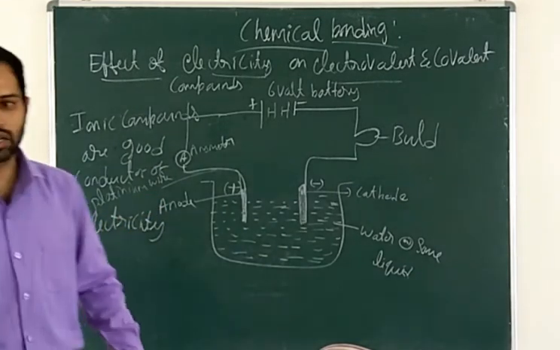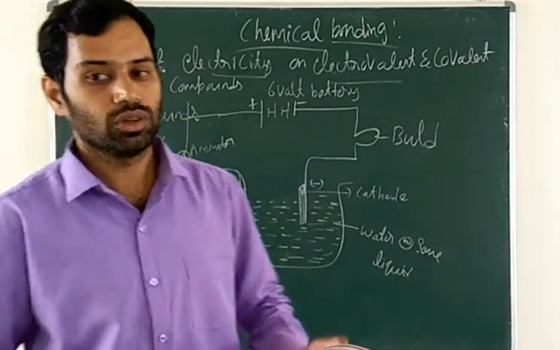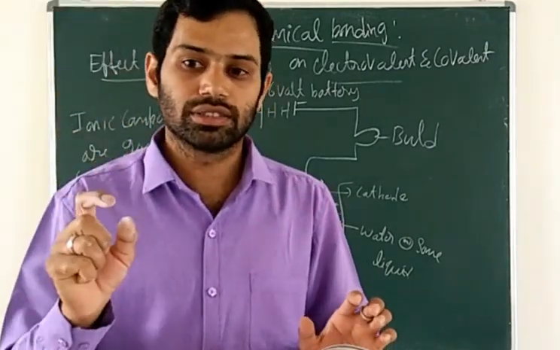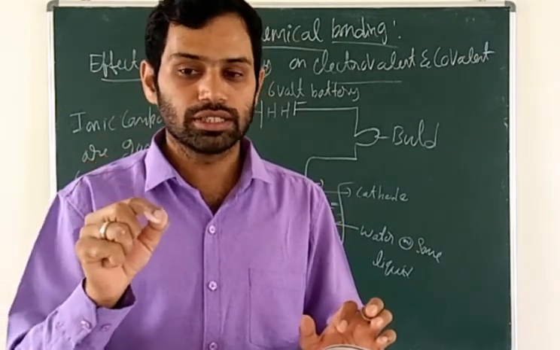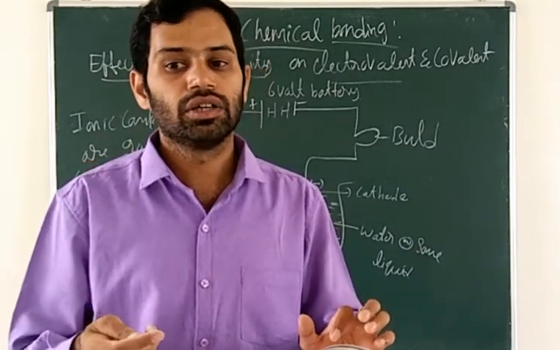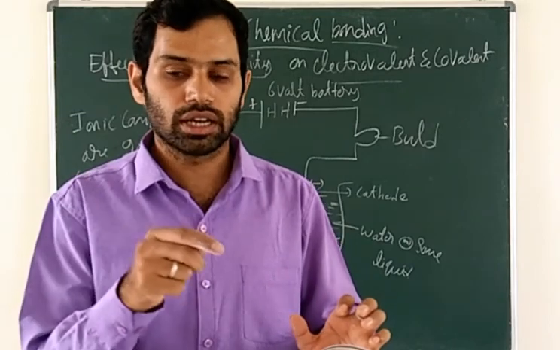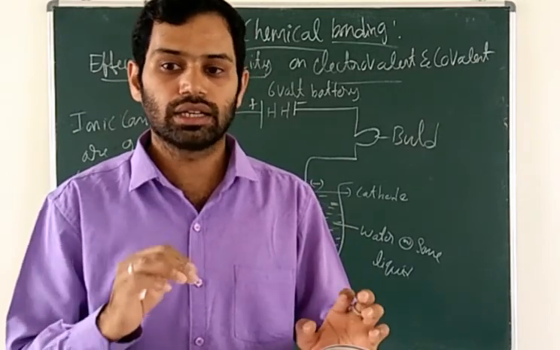Because of free mobile ions, that is the reason. Because of that, they allow the electric current through the solution. When you pass the electric current, they will allow it.